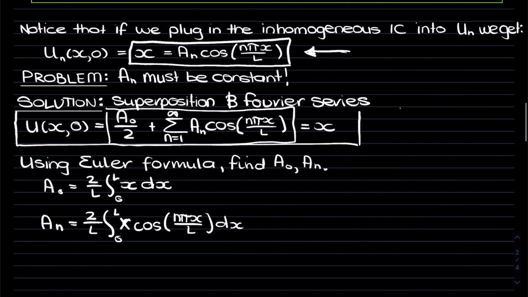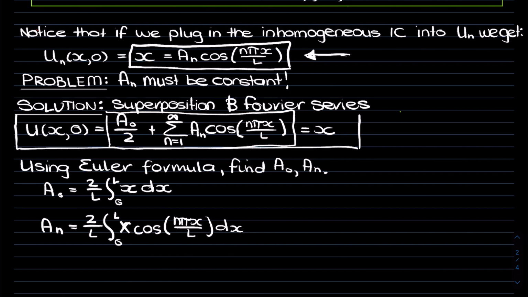So that's just the Euler formula. I haven't done anything magical there. I'm just using the Euler formula. You can look that up online if you don't know what it is.